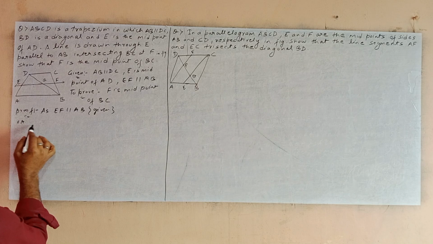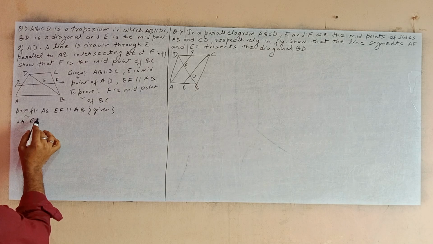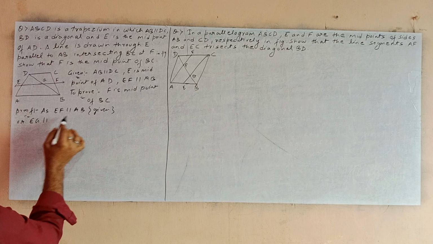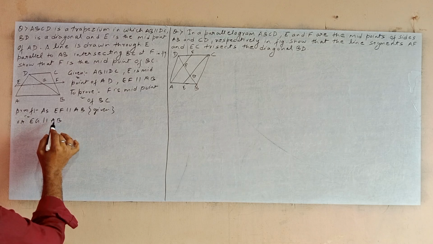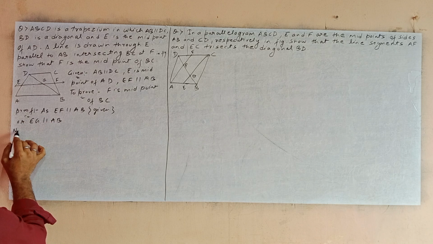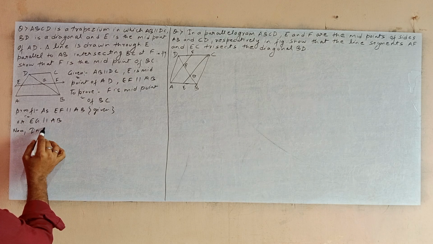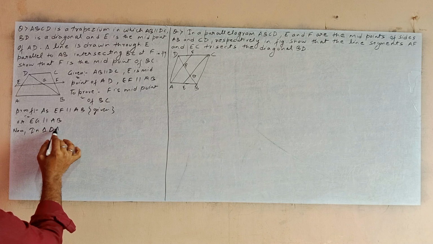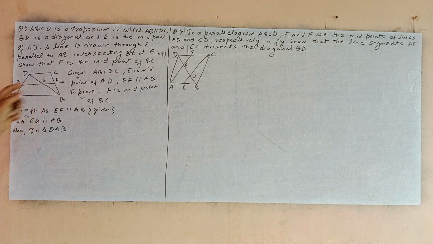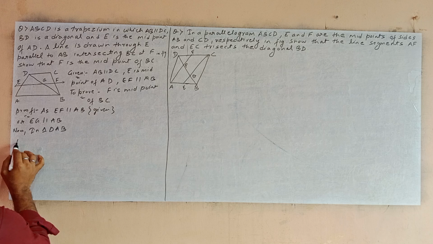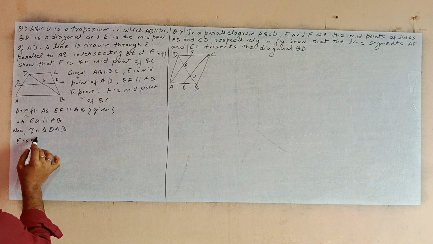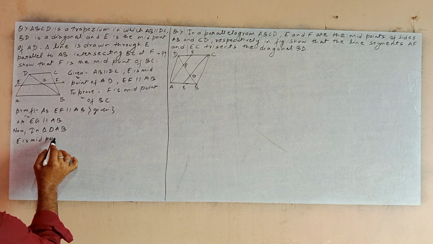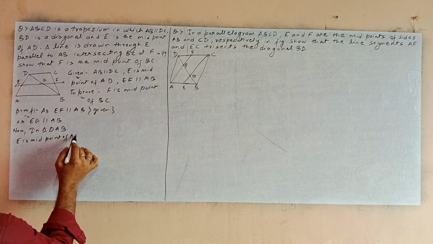Or you can write EG is parallel to AB. Now in triangle DAB, E is the midpoint of AD.